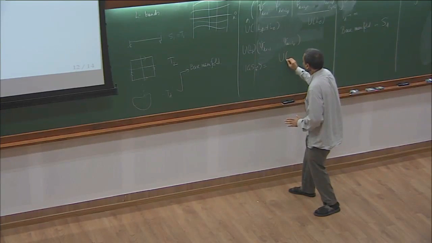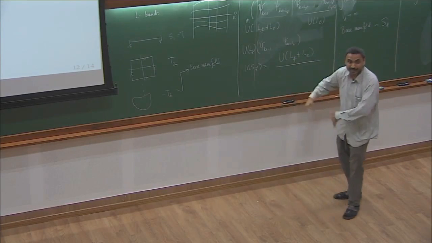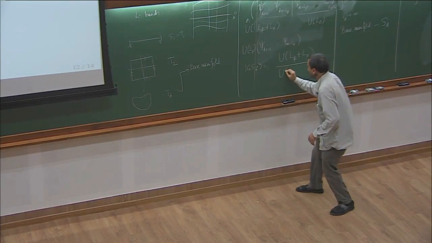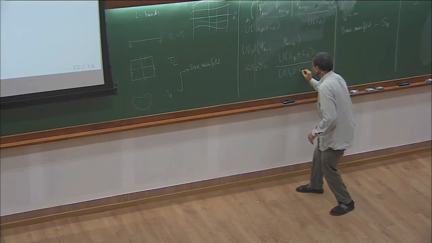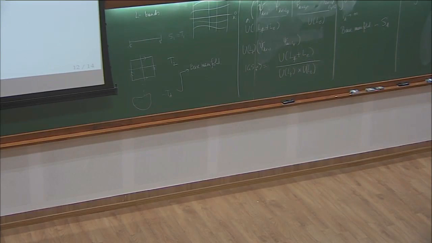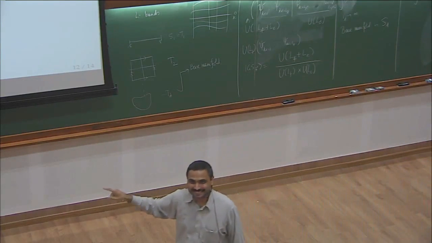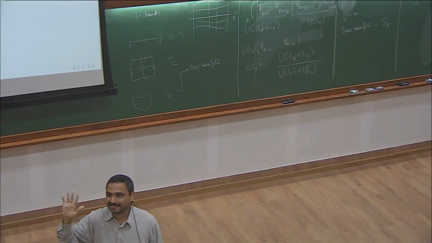It is an element of U of L filled plus L empty, divided by, that is, cosetted by U of L filled times U of L empty. So a generic wave function at a K belongs to this space. Everybody has understood that?